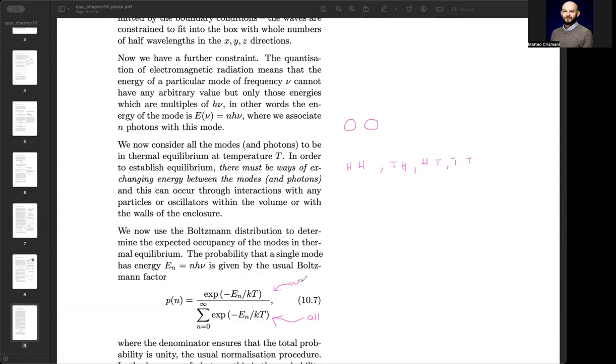Okay, so this is the idea of a Boltzmann distribution. This is the probability of a single mode having that energy, and Boltzmann's contribution is here in the exponential. That was in noting that the exponential states are like this.